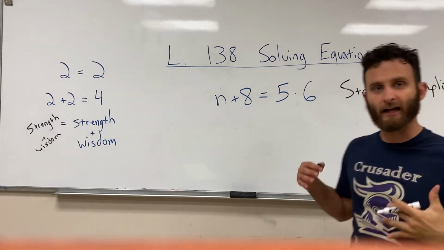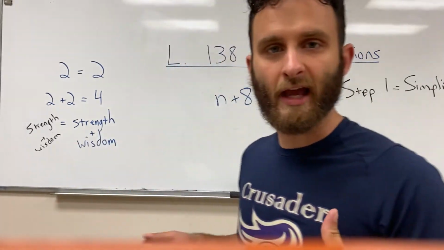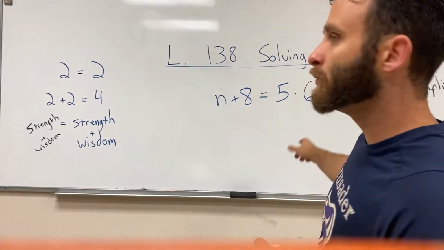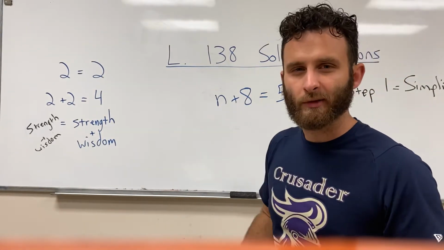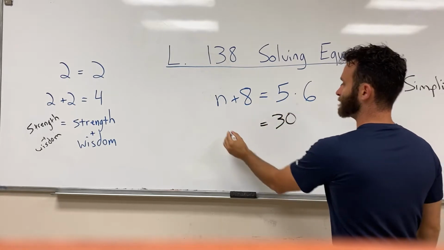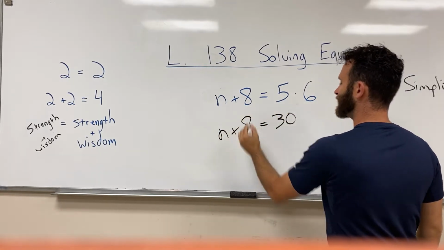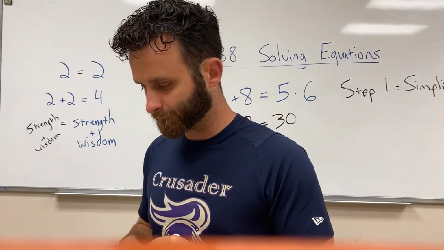To simplify means to make it simpler. What can we do that is already given to us? Well, 5 times 6 is already given to us. So that is the first thing we do. We already know 5 times 6 equals 30. So n plus 8 is equal to 30.